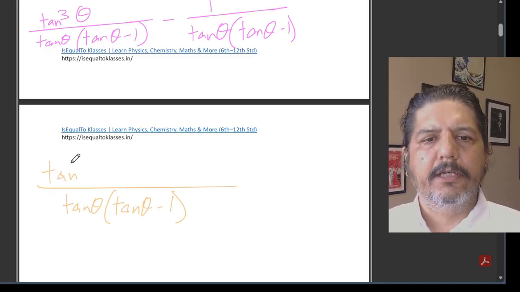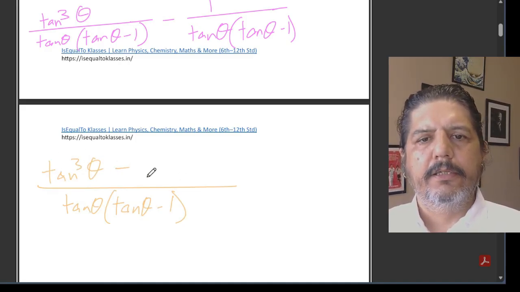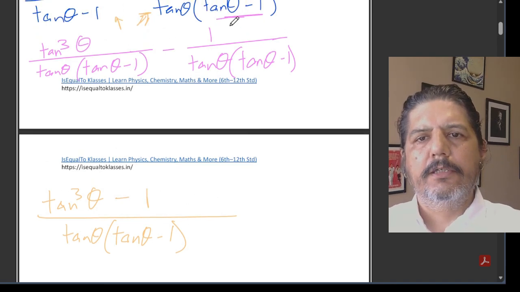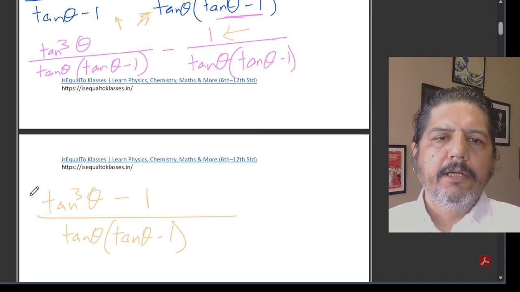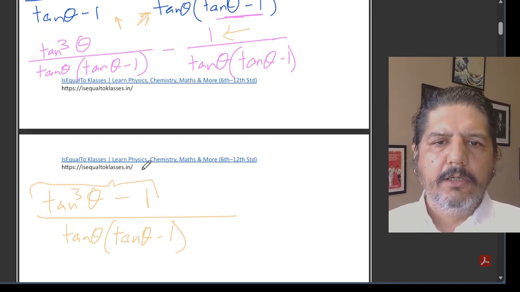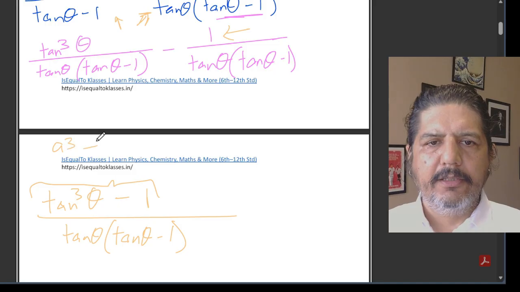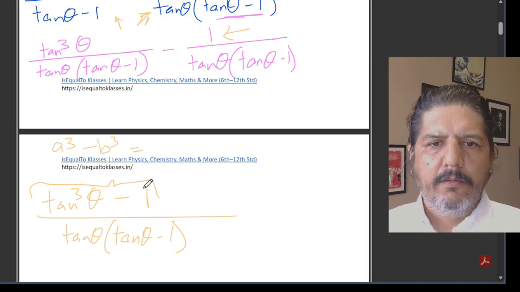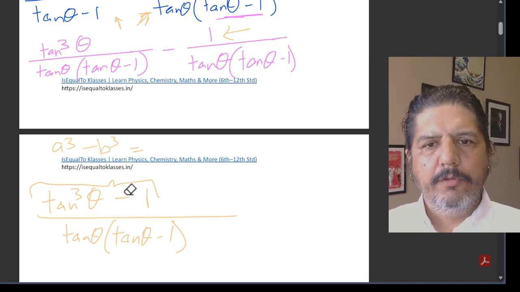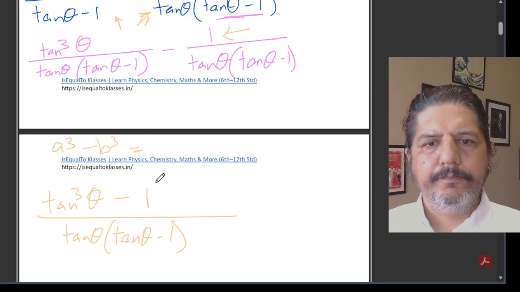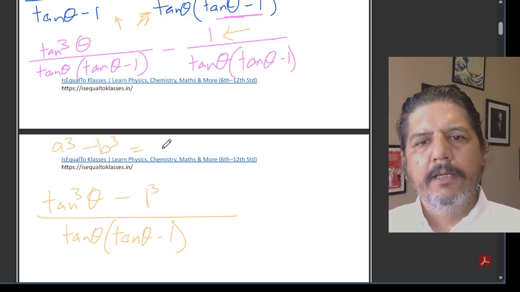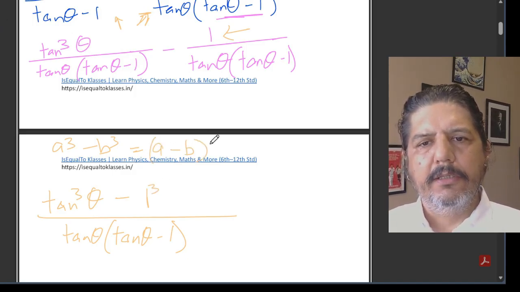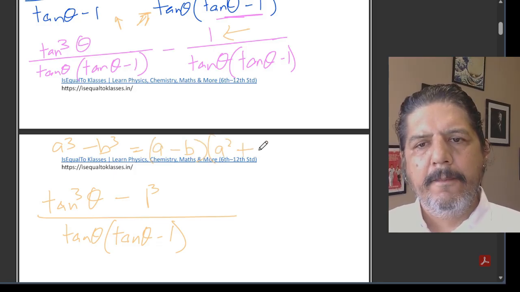I'll write this as tan³θ minus 1, because here there is only 1. And now this expression reminds me of a³ minus b³, right? Because this 1 can be written as 1³. And this is equal to a minus b into a square plus ab plus b square.